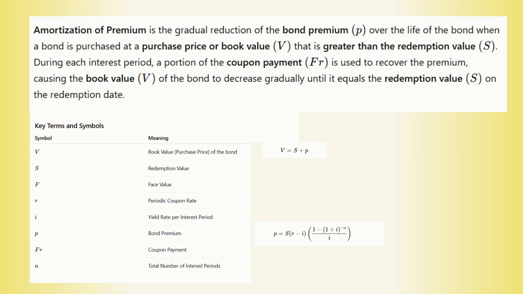Today the shoes are worth 50,000, because they are branded and unique, the only one here in the Philippines, so it is expensive. But after 5 years, it goes back to its original price, its redemption value, 25,000. So from 50 to 25, it becomes a gradual reduction of the bond premium. So that is the amortization of premium.